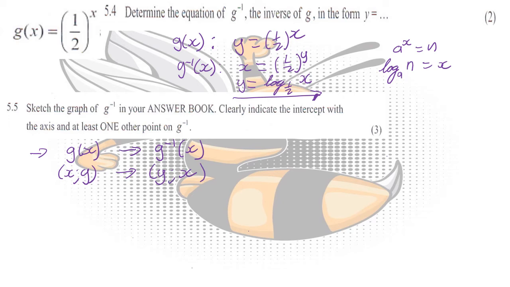So in actual fact, we know that one point on g of x that was given to us was (minus 2, 4). So that means on the inverse they will just swap around. So we have (4, minus 2). So that would then be a point on the inverse of g of x.